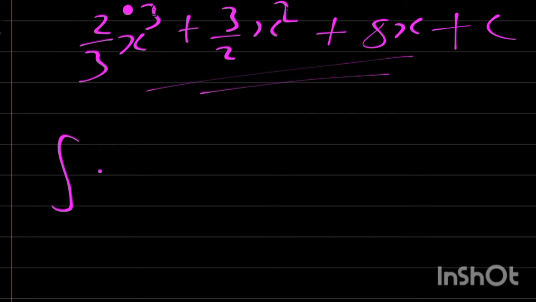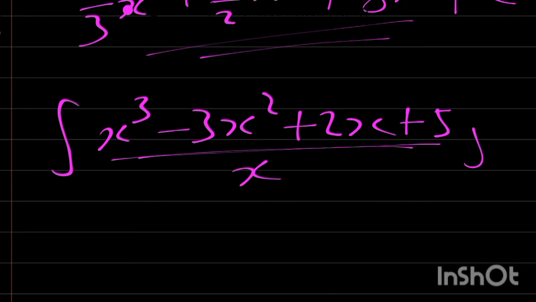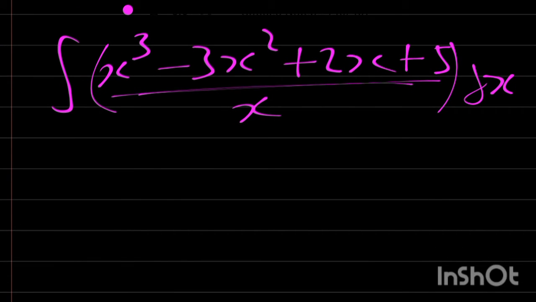Integration of x raised to power 3 minus 3x squared plus 2x plus 5, everything divided by x, then with respect to x. We are integrating with respect to x. All you have to do, divide through by x. All the expression, everything you have there, divide through by x.